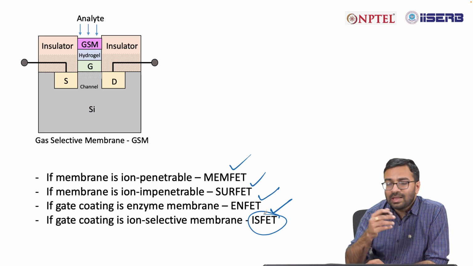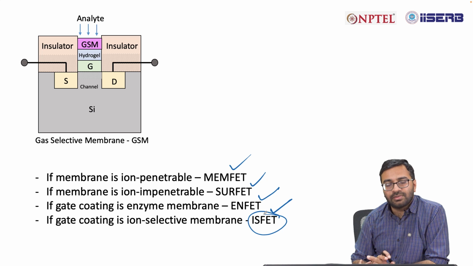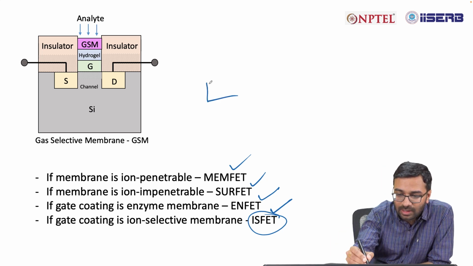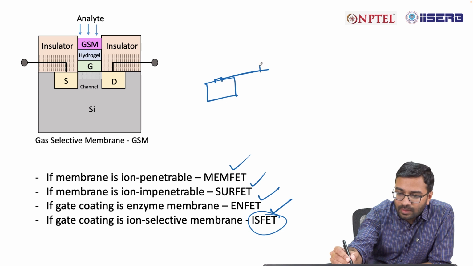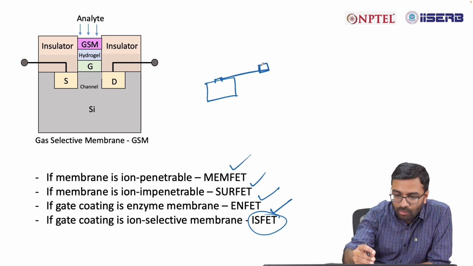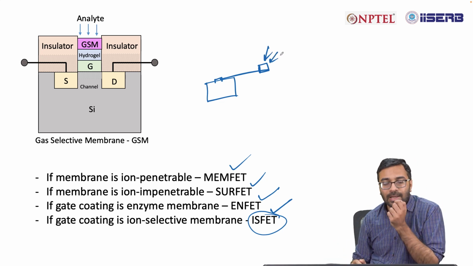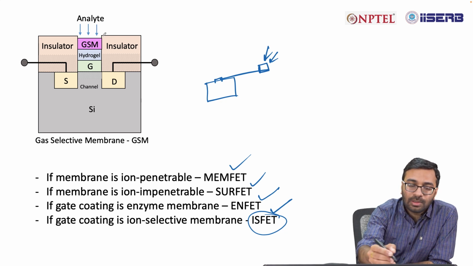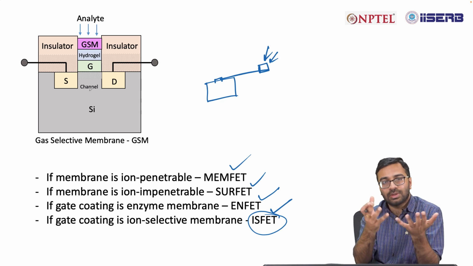Okay, and then there are different other structures also. This is a simple MOSFET structure. Then people also use an extended gate, where they have a MOSFET device over here, and then they have gate electrodes. They extend the gate, and then away from that device, they do these chemical reactions, because sometimes the chemicals may also influence the device properties, since you are almost exposing the device to that chemical.